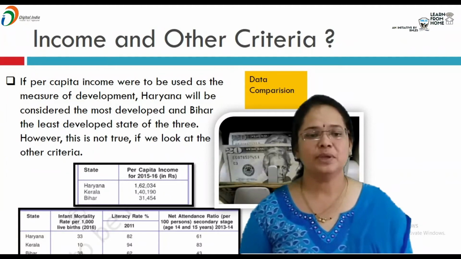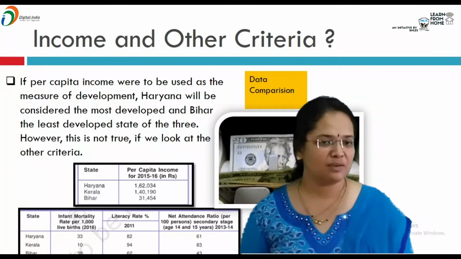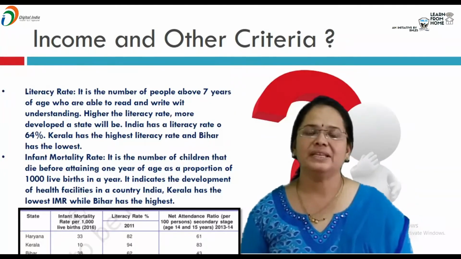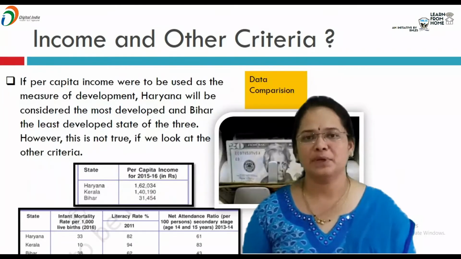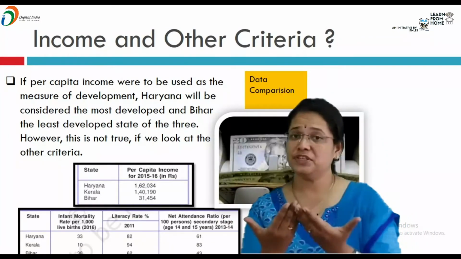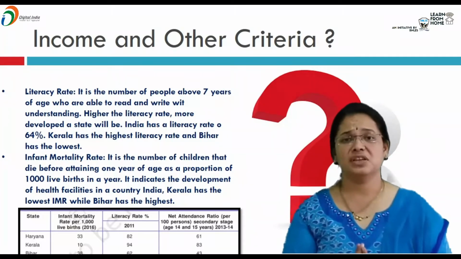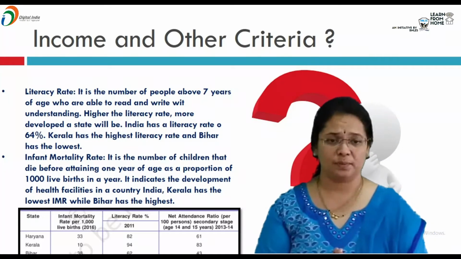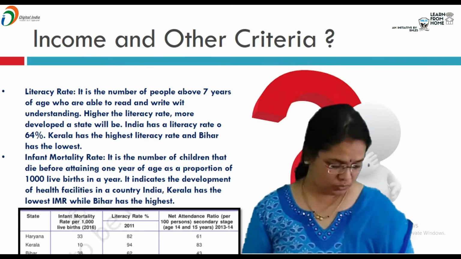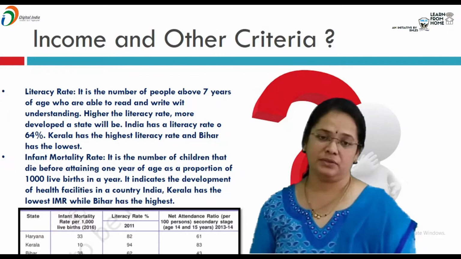Now Haryana will be considered the most developed and Bihar the least developed because there is a difference between the per capita income of these three states. Yes or no? As we discussed in previous slides, if the per capita income of a country or state is higher, then it is more developed. Understand? So this is the criteria and data comparison.